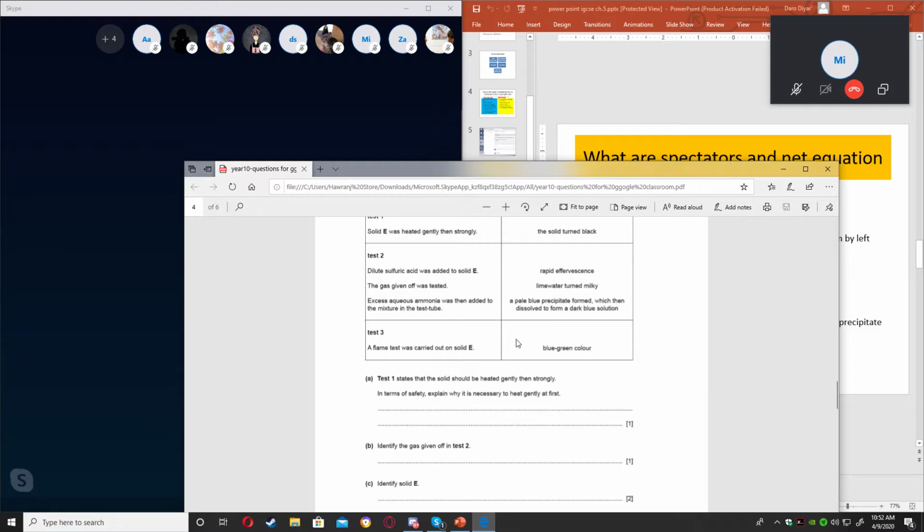When the question tells you to identify solid E, it is copper carbonate. Why? Because we have copper and we have CO2, so we will have copper carbonate. Is it clear?